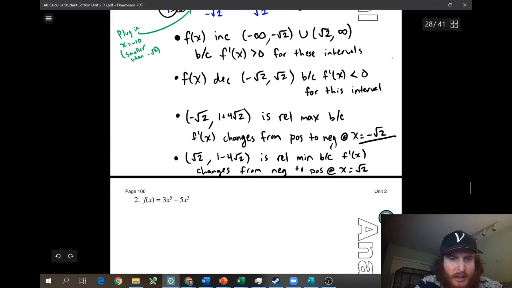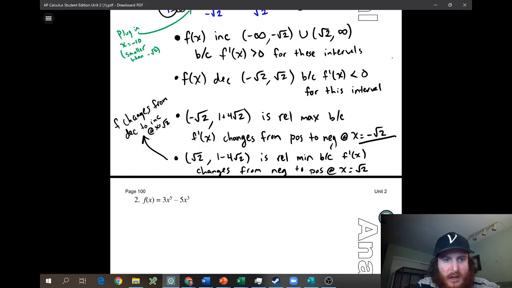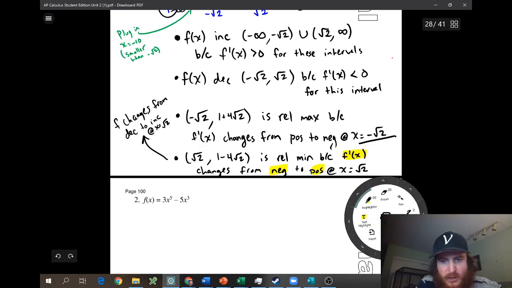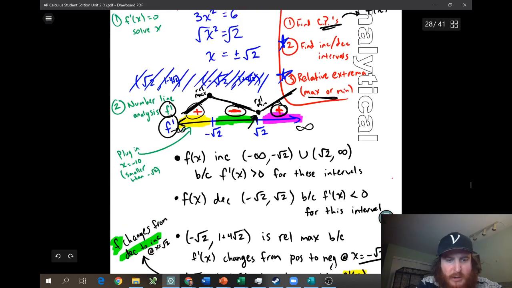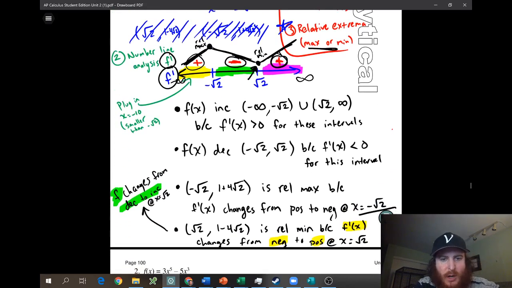You actually technically could say here, you could get full credit for saying F changes from decreasing to increasing at x equals square root of 2. That would be the same explanation. So either one of those two explanations works, but don't mix them up, okay? F prime goes from negative to positive, or you could say instead F goes from decreasing to increasing. That was what the black line was. F went from decreasing to increasing. But do not mix those two up, okay?